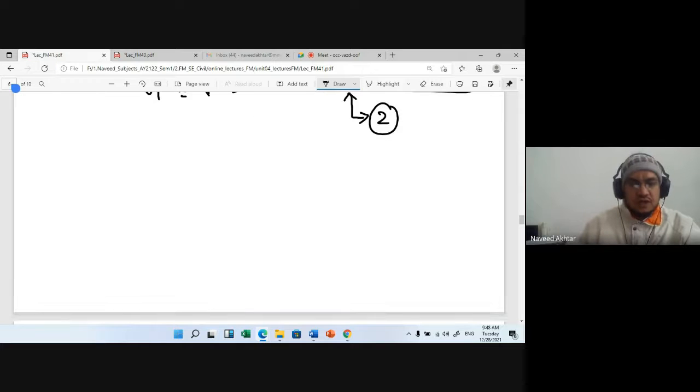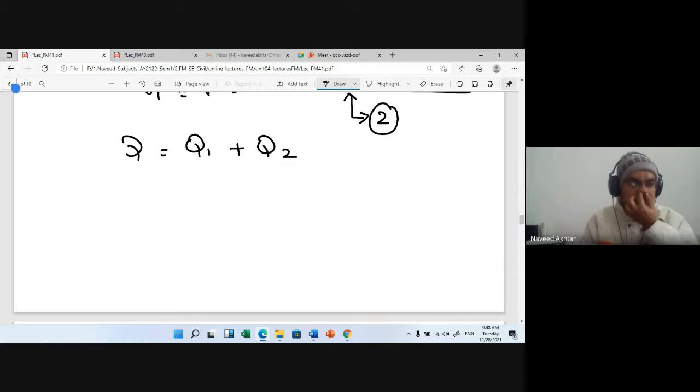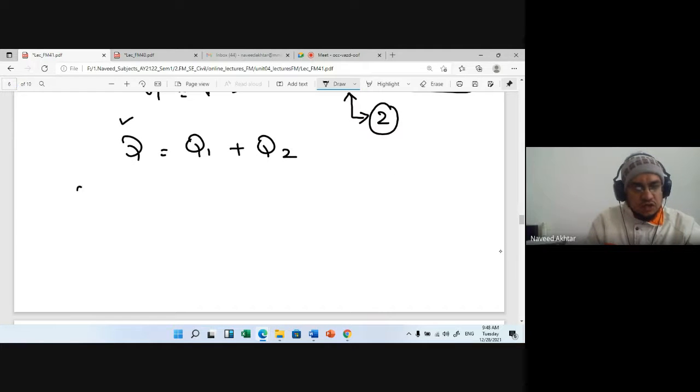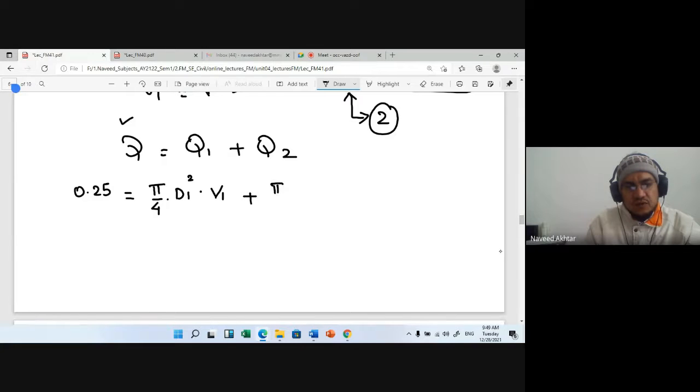Now we know that Q is equal to Q1 plus Q2 in case of pipes in parallel. We know the value of Q, but we don't know the values of Q1 and Q2. So I will write down 0.25 meter cube is equal to pi by 4 D1 square into V1, plus pi by 4 into D2 square into V2.